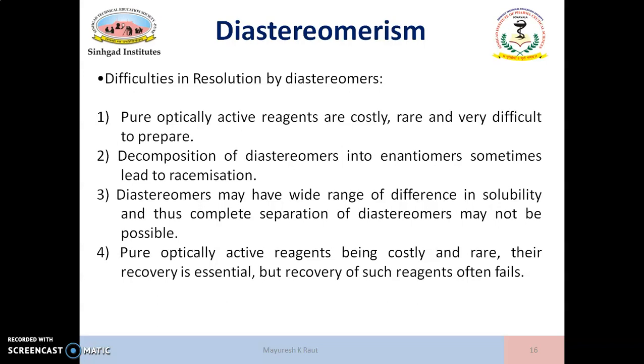Third difficulty is diastereomers may have wide range of difference in solubility, and thus complete separation of diastereomers may not be possible. Fourth difficulty is pure optically active reagents being costly and rare, their recovery is essential, but recovery of such reagents often fails.